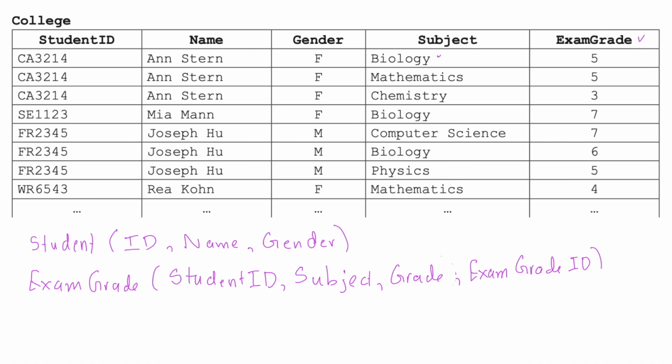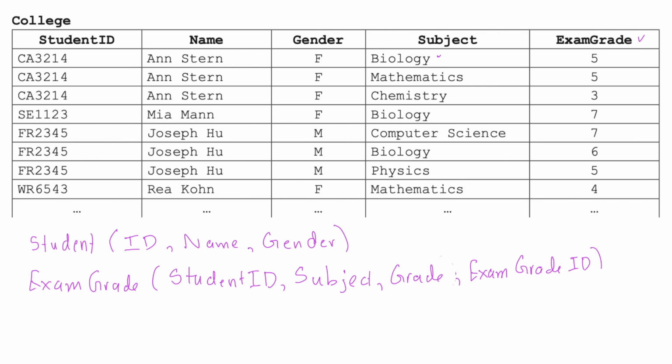And there's something missing. You don't really have the subject here. And I think this is kind of a problem because we need students to be associated with subjects in some way, right? So we have exam grades where we're just showing what the exam grade is, and we have students. There's no real way to tell, based on a student, what subject they are taking.